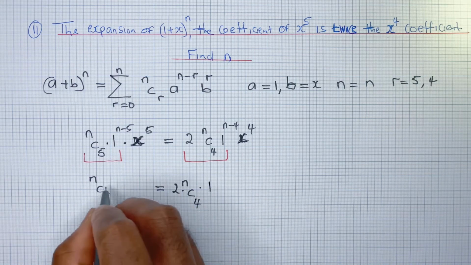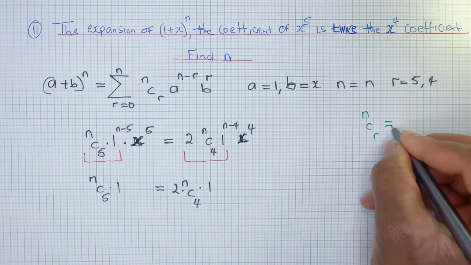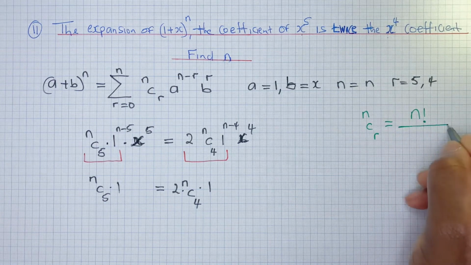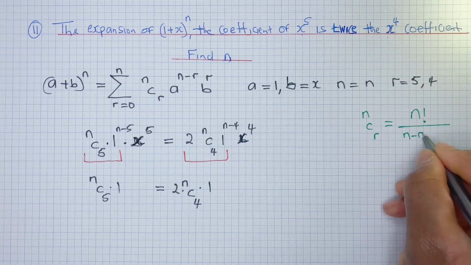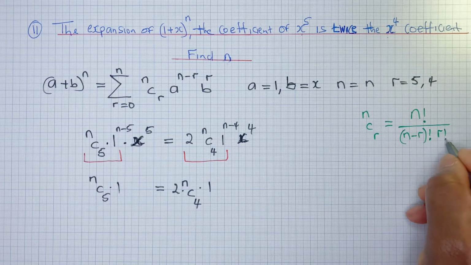Times 1, again. n combination r, we write it as n factorial over n minus r factorial r factorial.